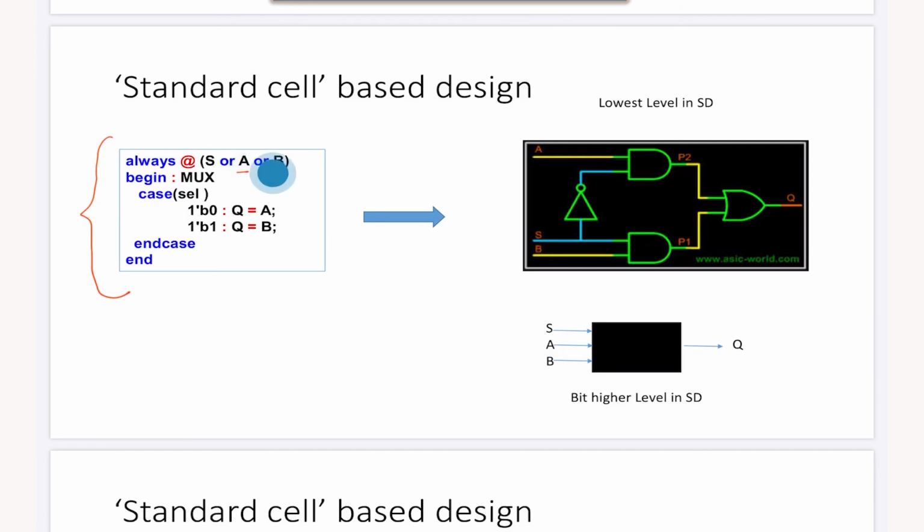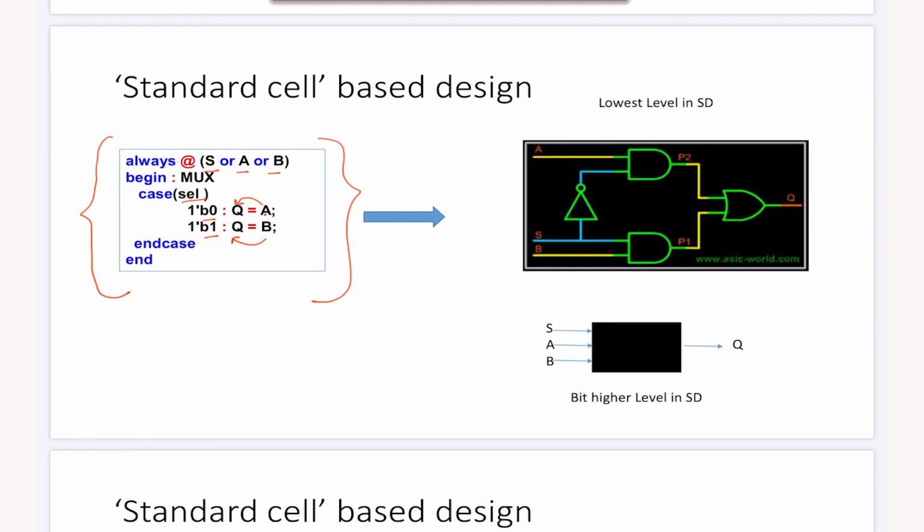A and B are inputs, S is the select input, and it says that when the select input is 0, you move the A signal to the output, and when it is 1, you move B into Q. Okay, so this is the RTL description. RTL designers don't have to really create hardware or talk about transistors or standard cells or gates. So they really work at a pretty high level in the form of these constructs.